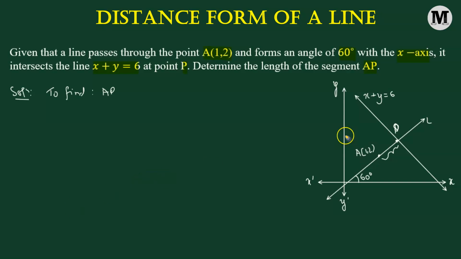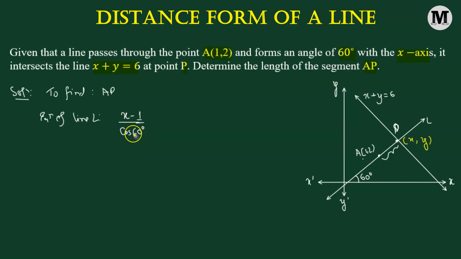So here we can use the distance form of a line to represent the equation of line L. First we need to specify the coordinates of point P. So let the coordinates of point P be (x, y). Then we take the difference of the x coordinates, so we have x minus 1, where 1 is the x coordinate of point A, divided by cosine of the angle that line L makes with the x-axis, which in our case is 60 degrees.